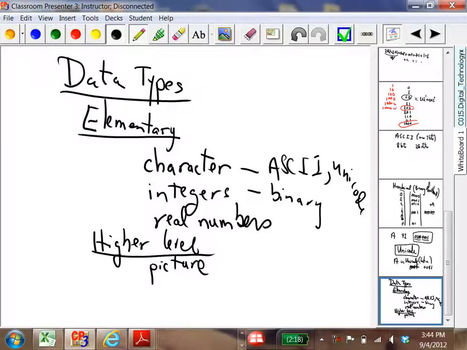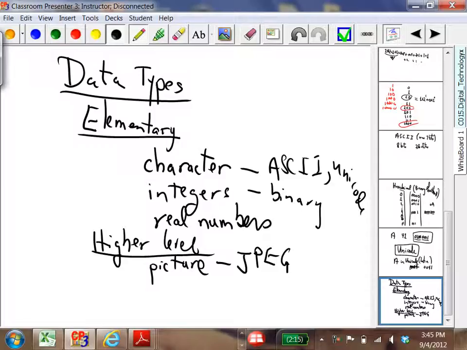And these higher levels can be formed different ways. You can store a picture on a computer in probably 100 different ways. But the most often way that pictures are stored on the computer is called JPEG. And you can store sound and so forth.